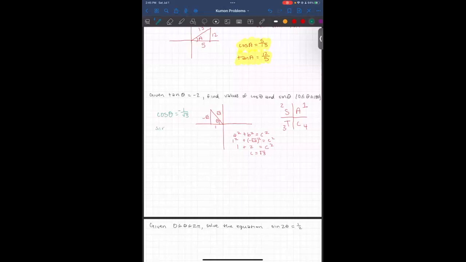Our sine is our opposite over hypotenuse, so it would be √2 over √3, and we know that our sine actually has to be positive in quadrant 2. Okay, and that would be your final answer. If you wanted to rationalize these denominators, you would get -√3 over 3 and √6 over 3.